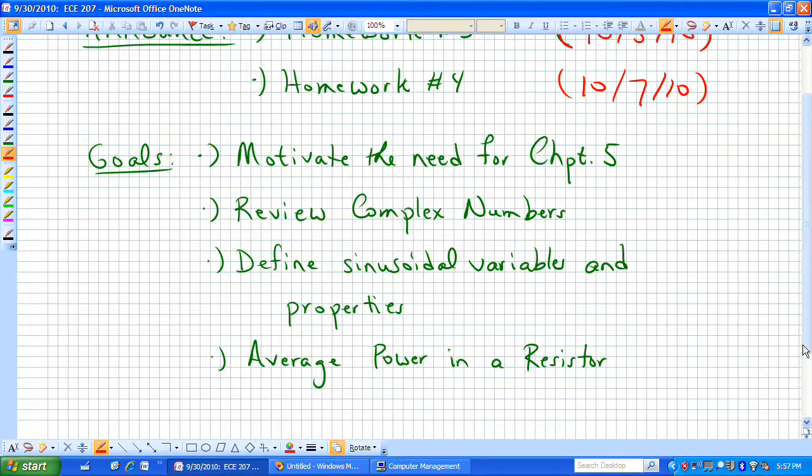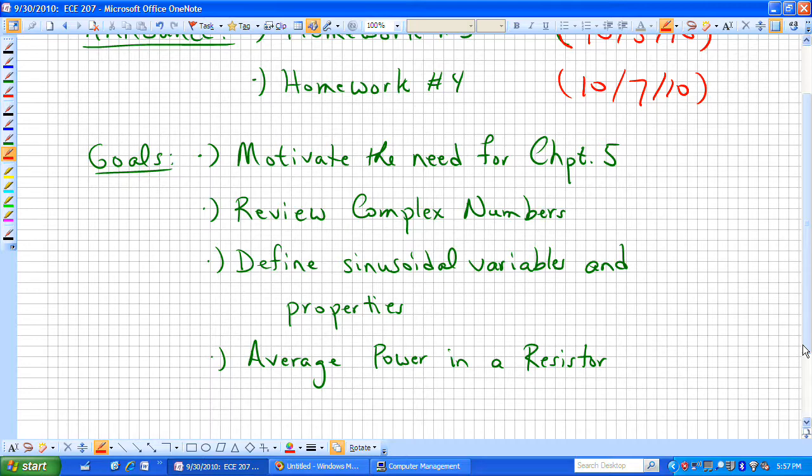What we want to do today is actually move on into Chapter 5. We'll do that first by trying to motivate the need for why we're working sinusoidal steady state analysis type problems, or how we can do that, or why it's significant that we can isolate on those particular problems.